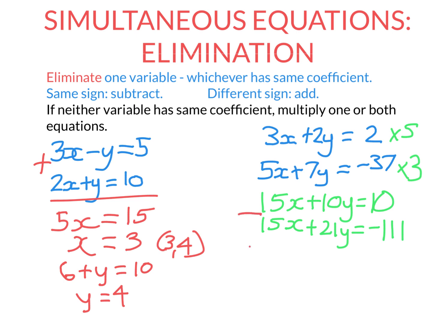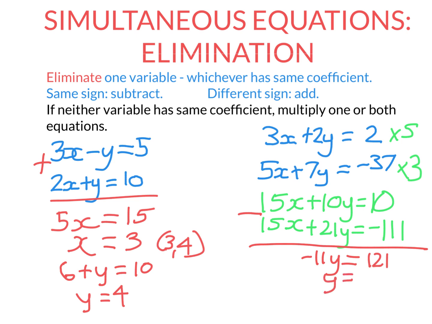The way I'm going to get rid of the x's is to subtract 15x from 15x, because that's just 0, goes away. So 15x minus 15x is 0. 10y minus 21y is negative 11y. Now 10 subtract negative 111 is positive 121.